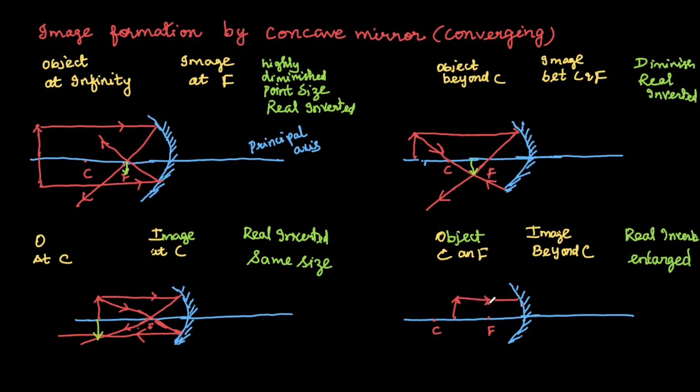The light ray parallel to the principal axis will pass through the focus. One more light ray, I allow it to pass through C.